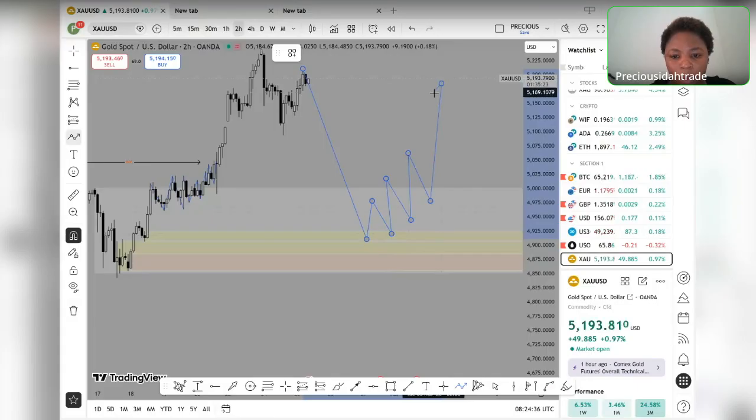So that means we have a change of character here coming to mitigate. We have a break of structure here. Price came down to mitigate before moving upward.